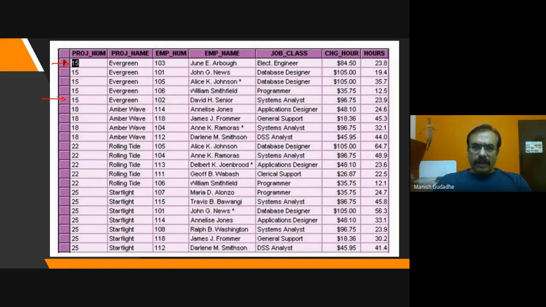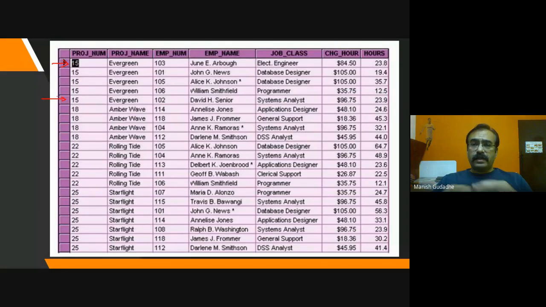Yes, I can take the primary key as, say, employee number or project number, or combined project number and employee number or something like that. I should be able to identify the primary key. But for the time being, we'll just understand that our aim in first normal form is there should be no repeating group.